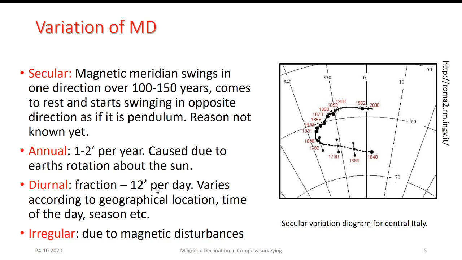This value varies according to the geographical location, the time of the day, as well as even season. Over the Earth's surface, considering Earth as a whole and its interaction with the other heavenly bodies, the variation could be irregular, and this particular irregular variation is said to be because of magnetic disturbances.